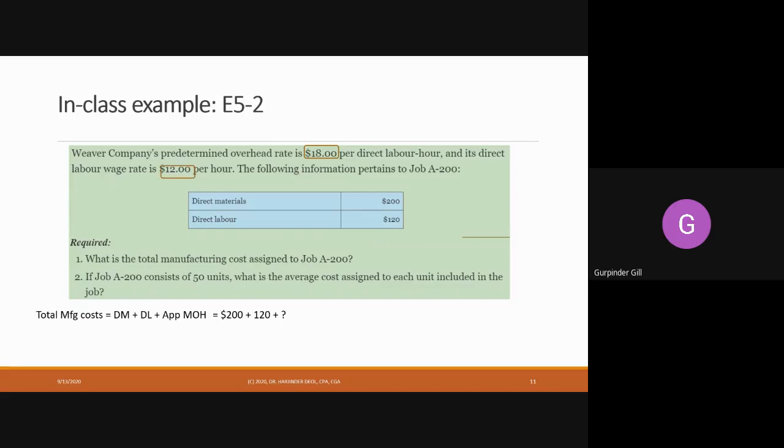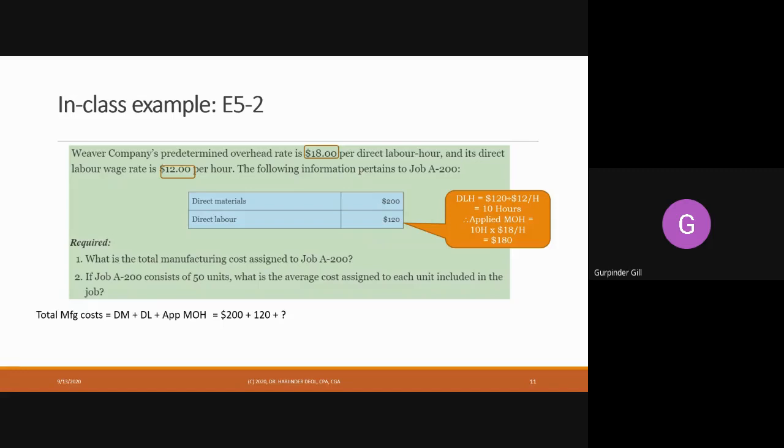We also know that our labor wage rate is $12 per hour. So if our total labor cost is $120 and our per hour labor rate is $12, then $120 divided by $12 per hour tells us that we have spent 10 hours on this job. 10 direct labor hours were spent on job A200.